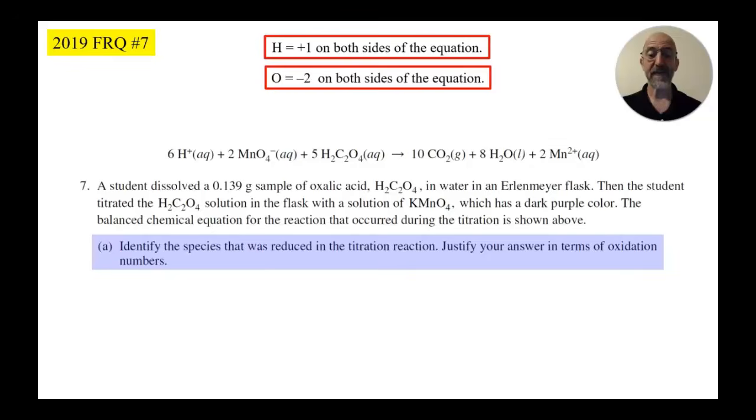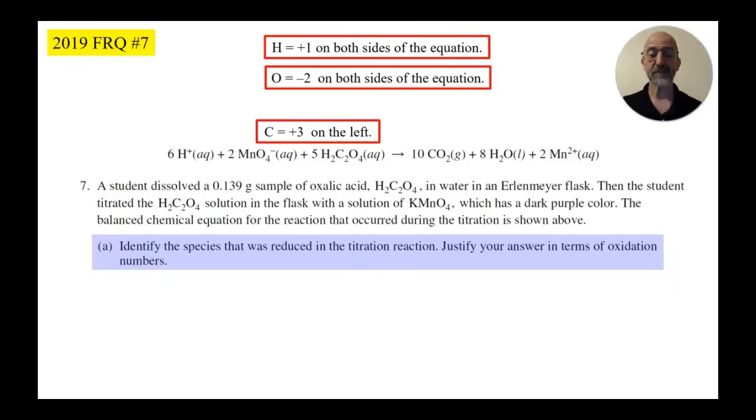Oxygen, I don't see anything strange like hydrogen peroxide or H2O2. I don't see any exceptions, so oxygen is -2 on both sides of the equation. So what it comes down to is, is it manganese, Mn, or is it carbon? What's changing in a particular way in this oxidation reduction or redox reaction?